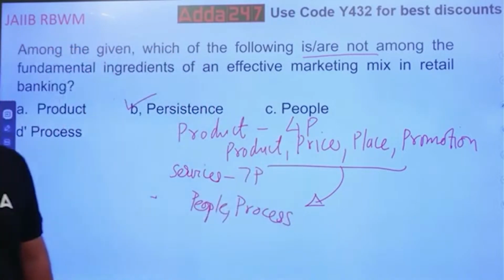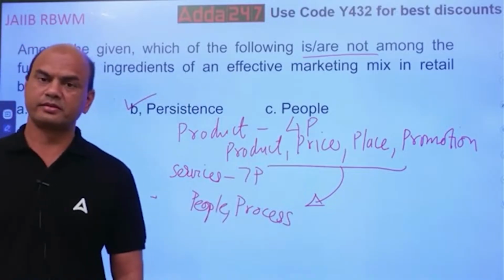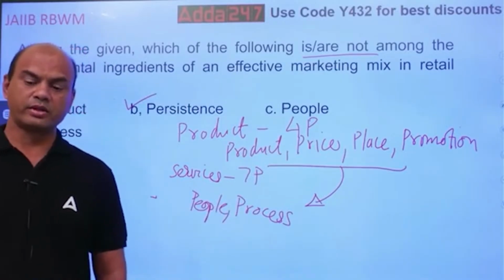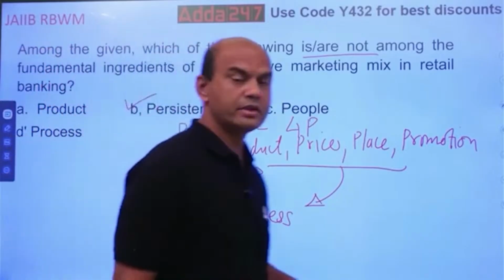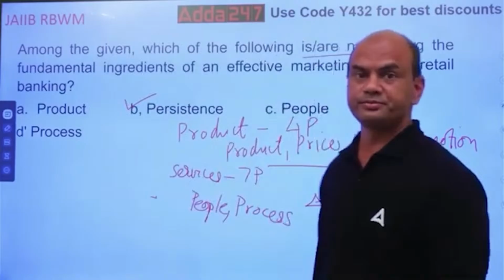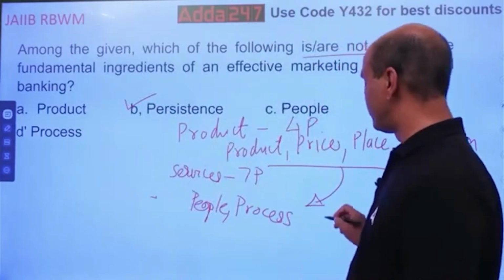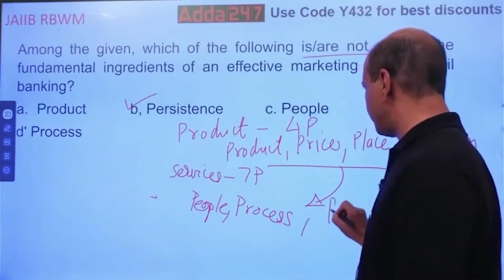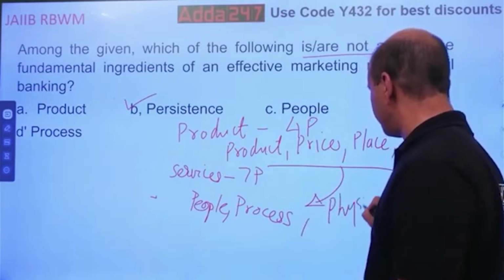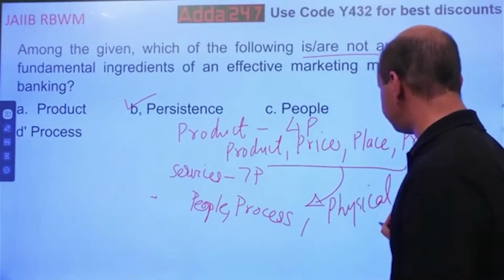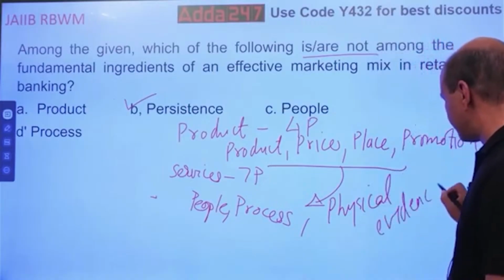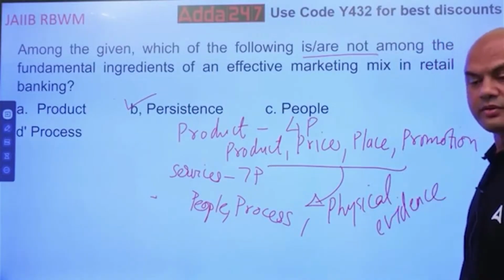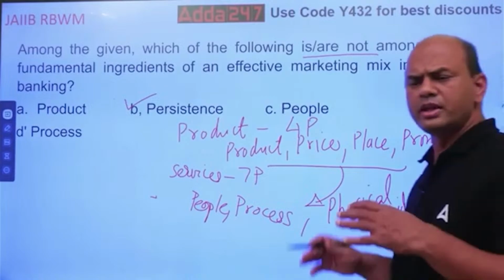Who can give me the seventh one? Physical evidence. What do you mean by this? Physical evidence means your branch should look neat and clean.